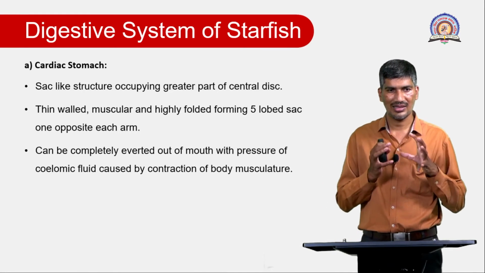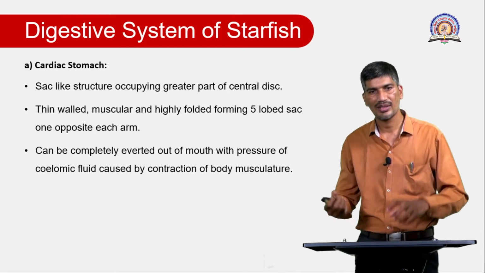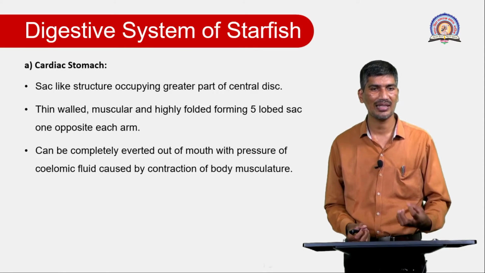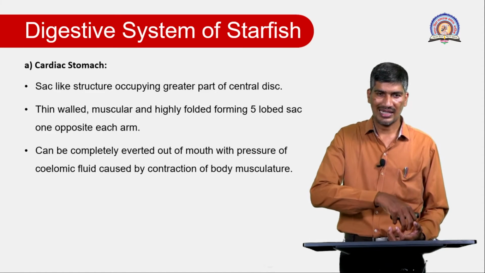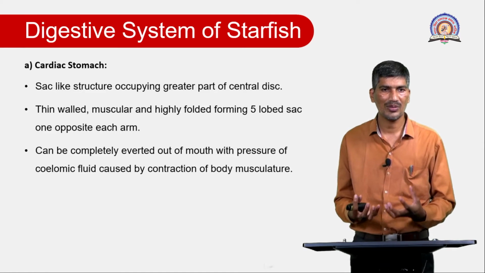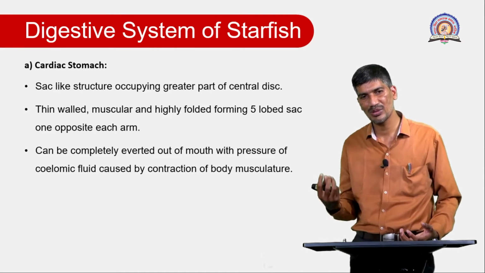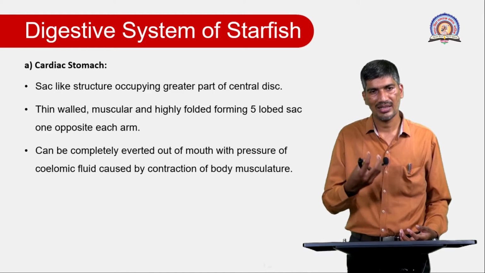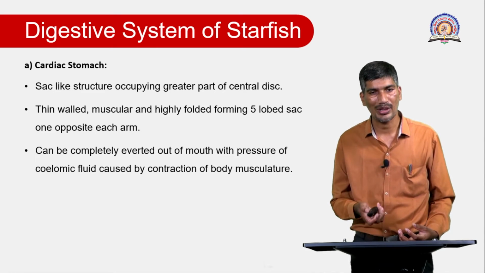This cardiac stomach is completely everted outside the mouth with the help of the pressure of the coelomic fluid. The eversion of this muscular cardiac stomach happens due to the contraction of the body muscles.